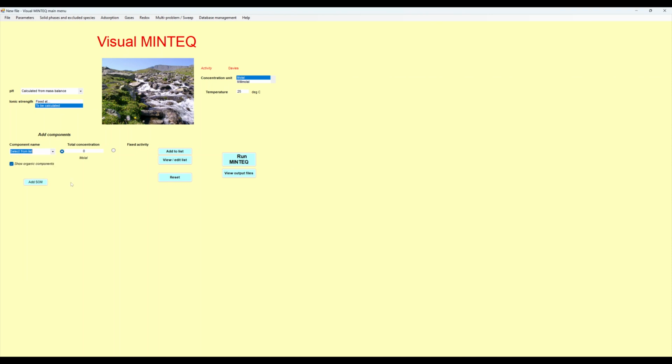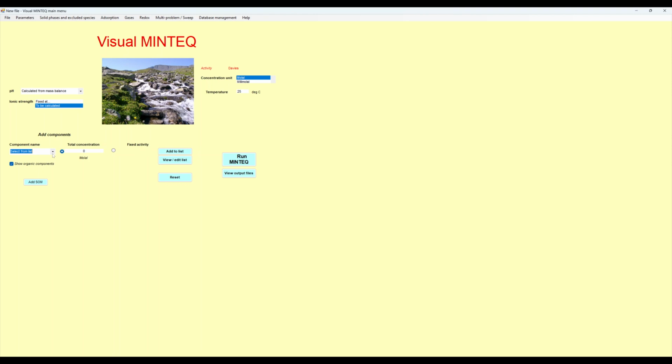So here we're adding acetic acid. The components that we're adding are obviously acetate and also proton. And we know the total concentration. For one molecule of acetic acid, we're introducing one molecule of acetate and one molecule of proton.